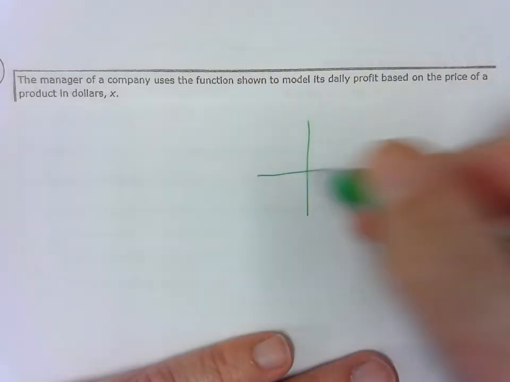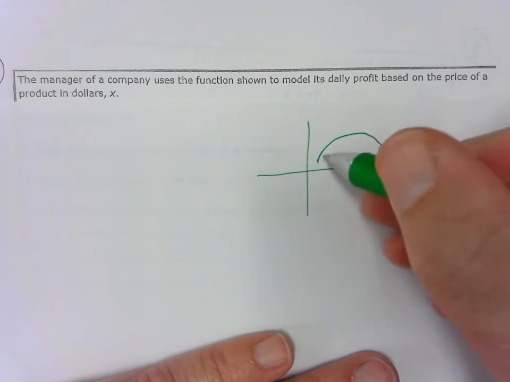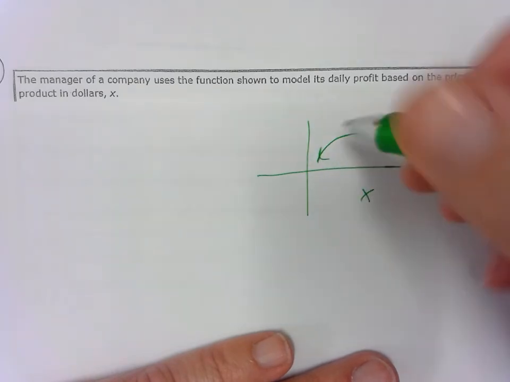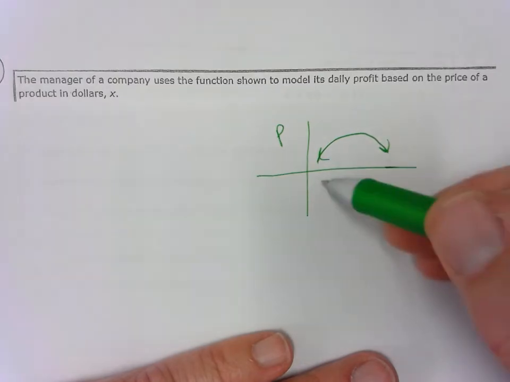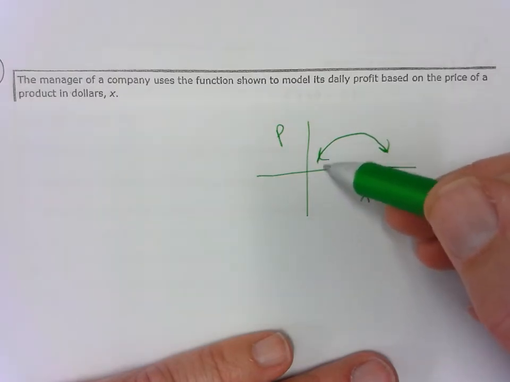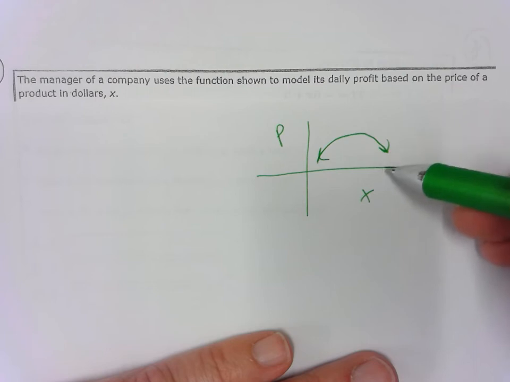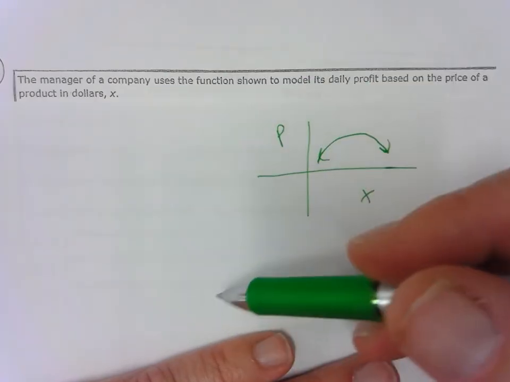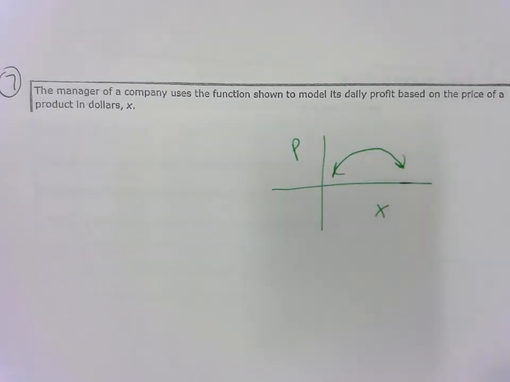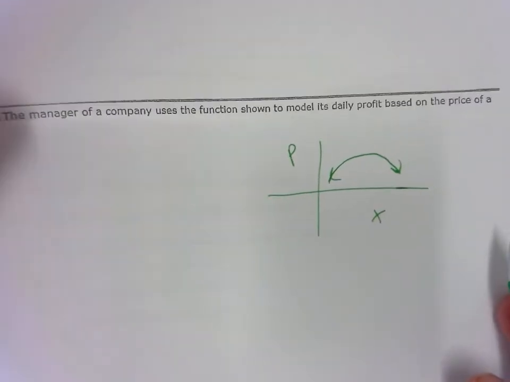So you're thinking upside down parabola, right? X is the price, and P, the y, is the profit. It's an upside down parabola because if you charge too little, your profit's low, and if you charge too much, your profit's low, but somewhere in the middle, your profit's high. There's more information here that I'm not going to show you because this is a little preview, and you're going to answer the questions for number 7.